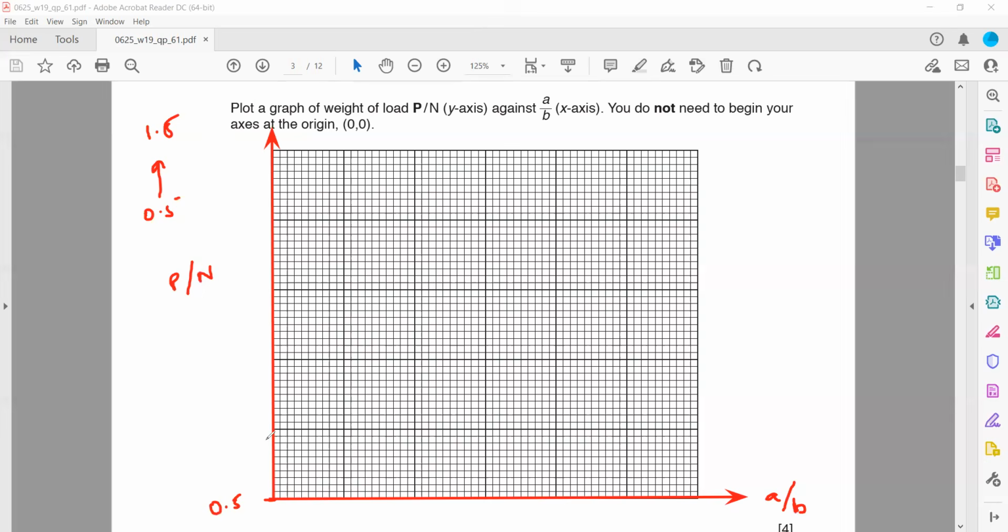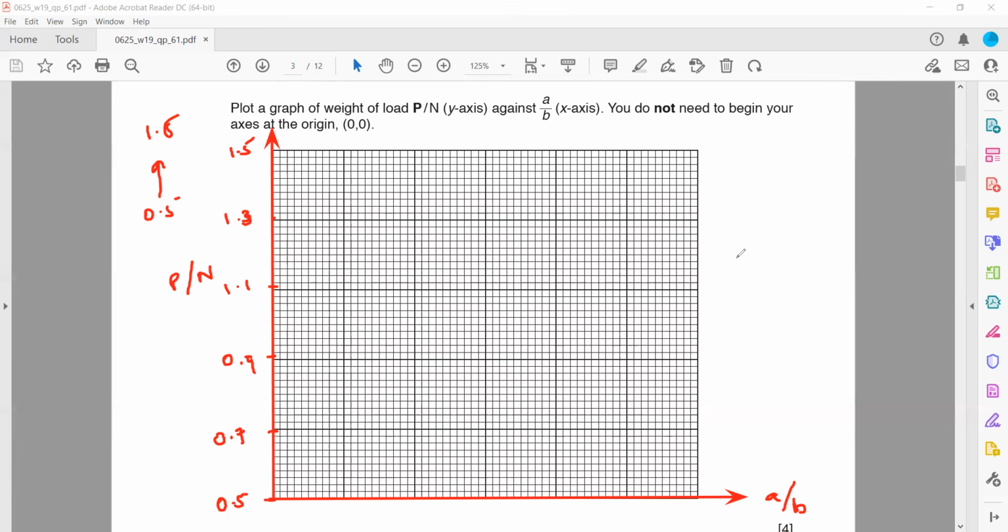If I say this is 0.5, 0.6, 0.7, 0.8, 0.9, and 1, it won't fit. If it is 0.4, 0.6, 0.8, 1, 1.2, and 1.4, it won't fit either. So if I start with 0.5 first, then 0.7, then 0.9, 1.1, 1.3, and 1.5, I have these values from 0.5 to 1.5.